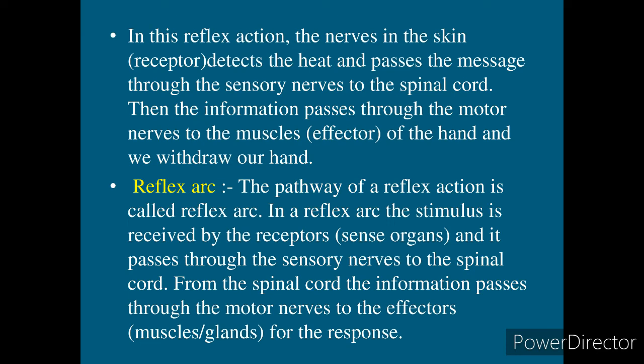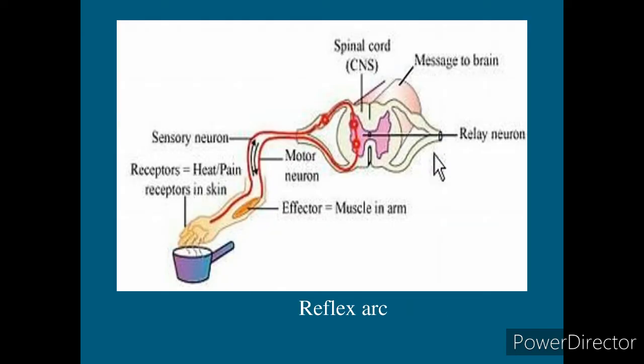Now, let us see this reflex arc. See here in this diagram what is happening. The heat or the pain or the sting of a bee is received by the skin. We call it the receptor. It is carried by the sensory neuron and passed to the spinal cord.